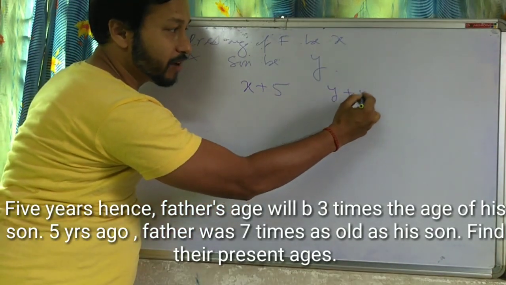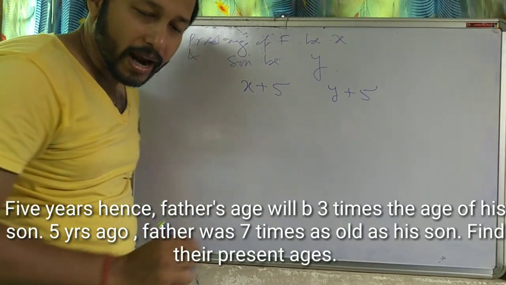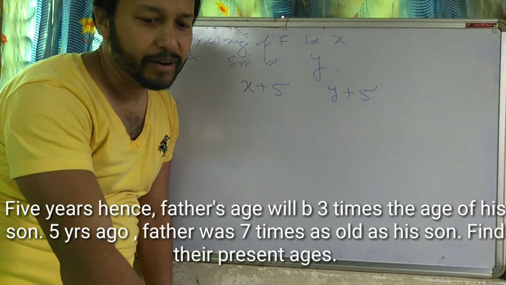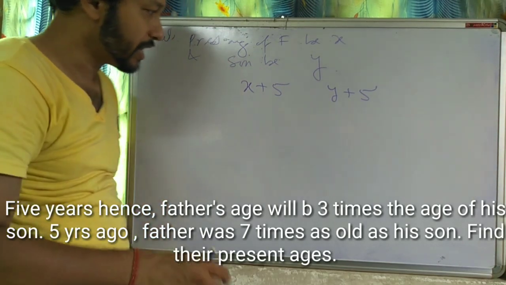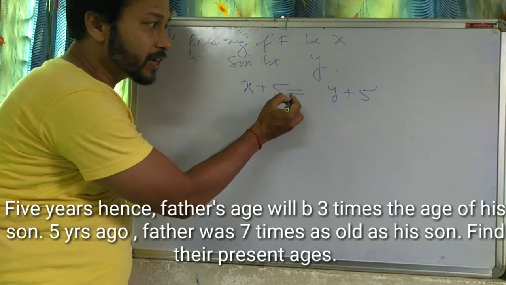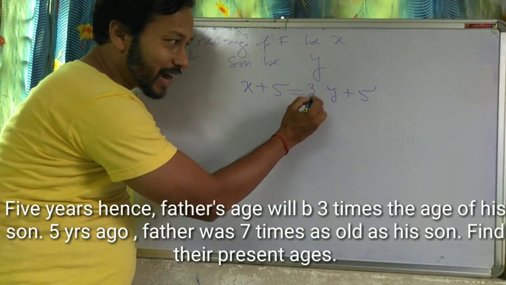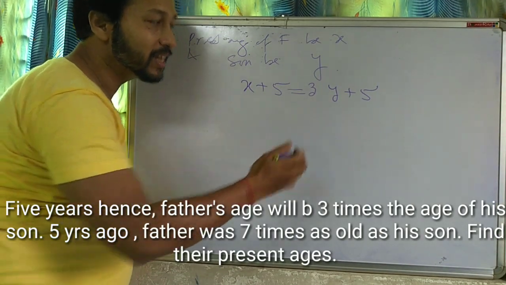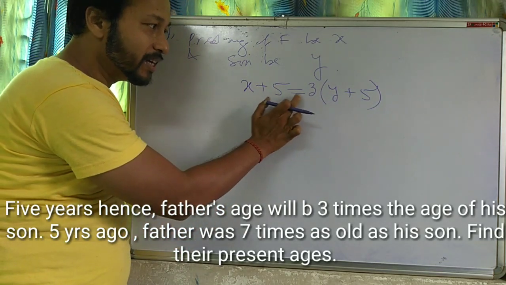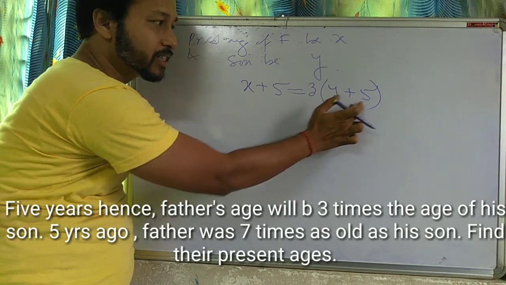Y plus 5. Now, according to this question, 5 years hence, father's age will be 3 times the age of son. 3 times means 3 into. Father's age will be 3 times the age of son.